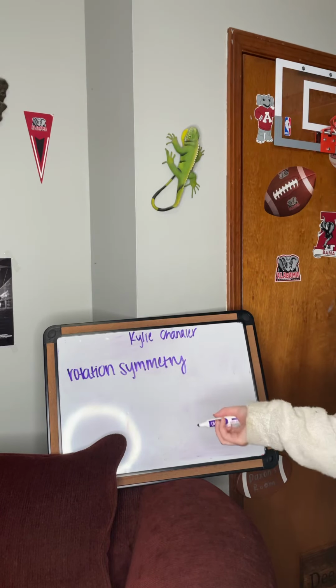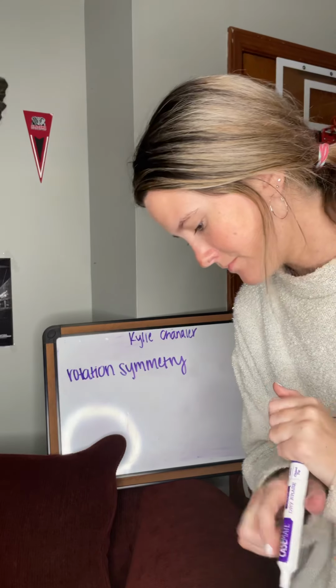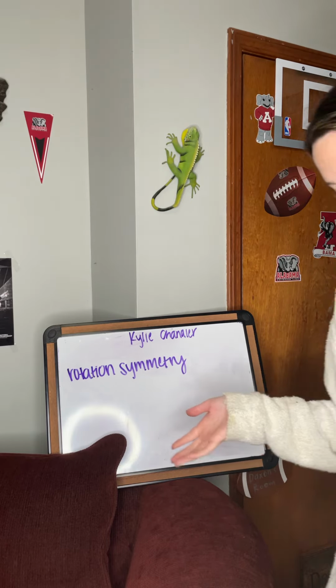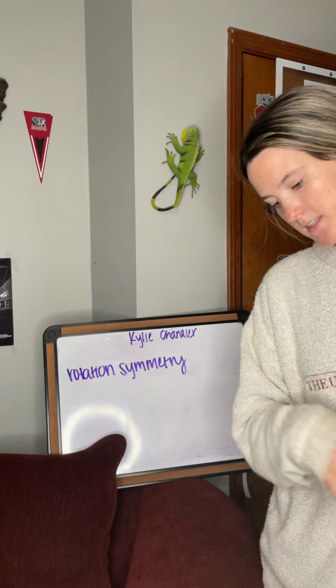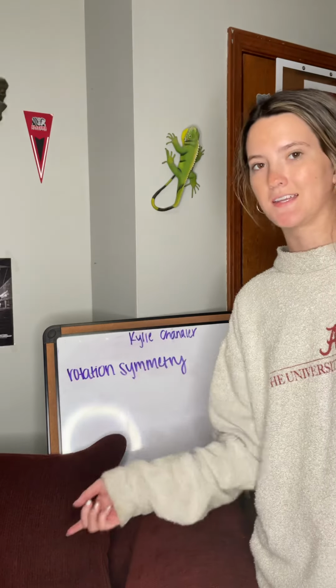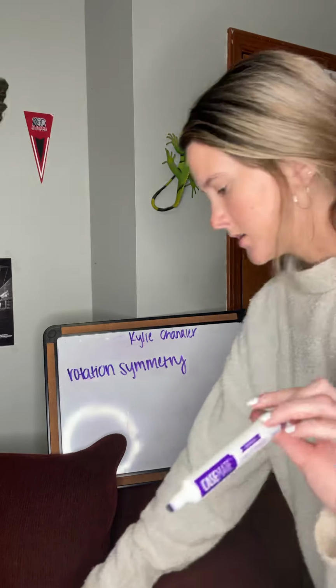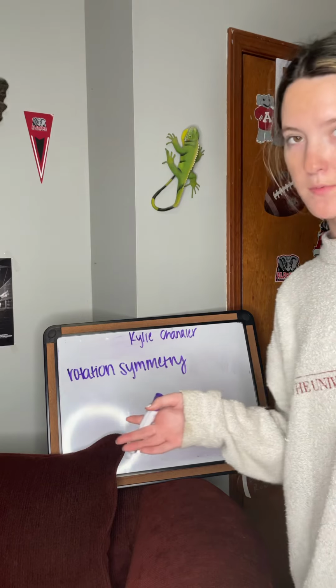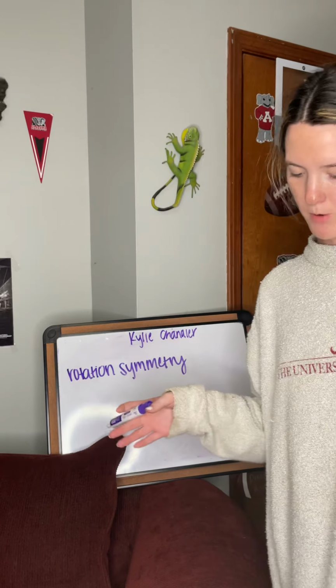The best way to describe this is that the rotation symmetry of a shape explains that when an object is rotated on its axis, the shape of the object stays the same. And a problem we can use to show this example is going to have two parts, part A and then part B.